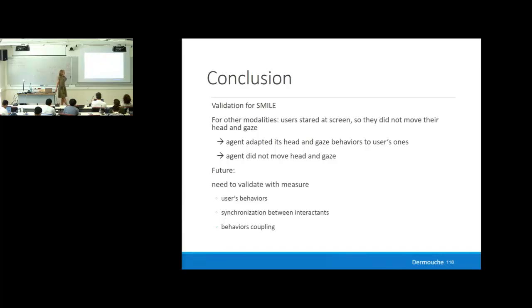Another thing that is balanced is that, I don't recall if it was linked to the nurse or not, but some participants were quite active at the beginning of the interaction. They were answering, talking quite a lot.